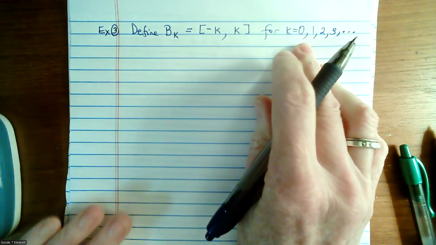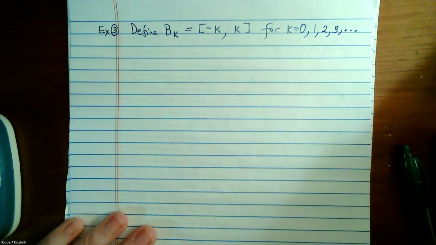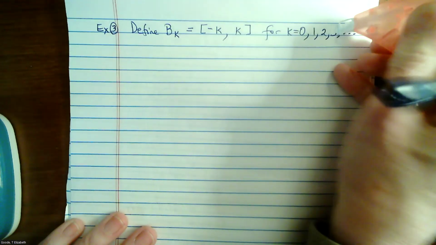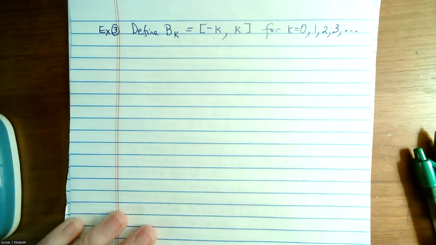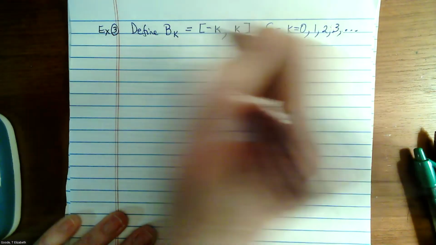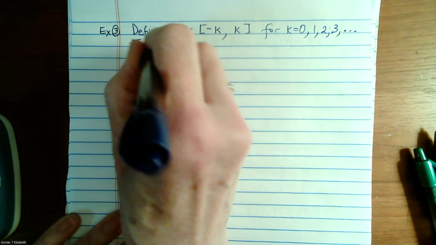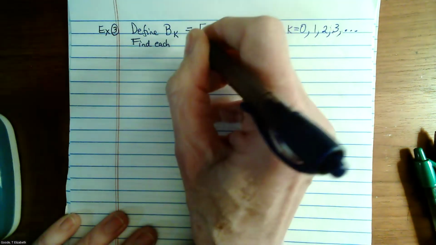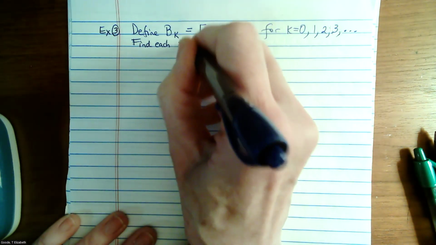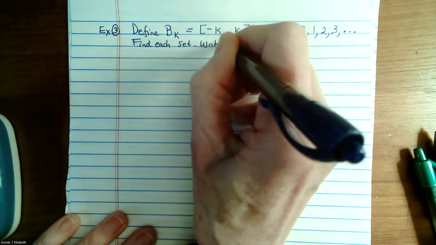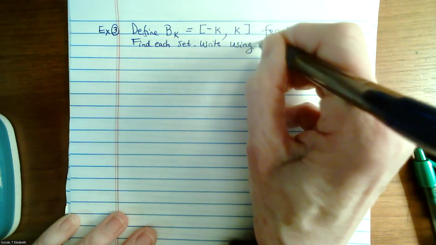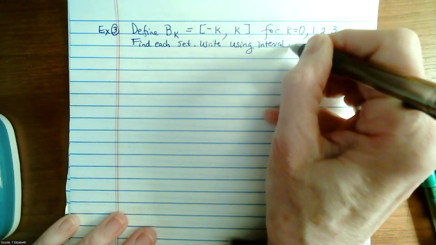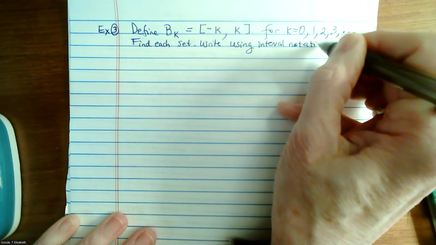So we're including 0 as a possible indexing number because I want to show you something about what happens when we have square bracket 0, 0. Okay, so find each set and write using interval notation. Same instructions as before. We're practicing using interval notation.